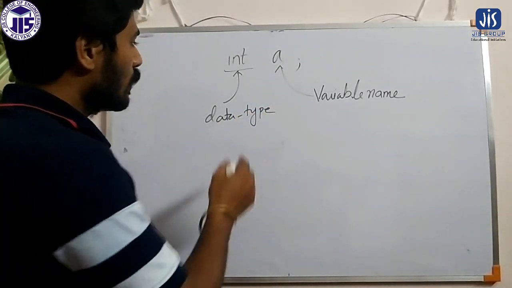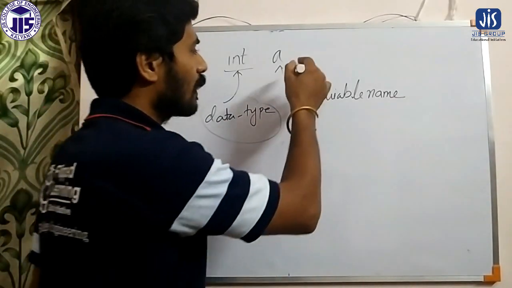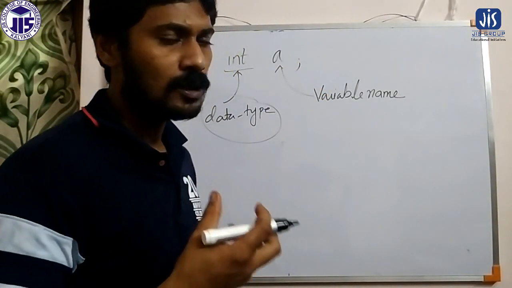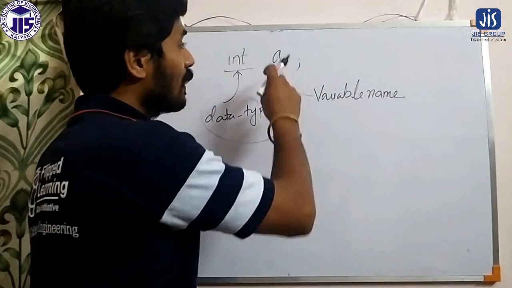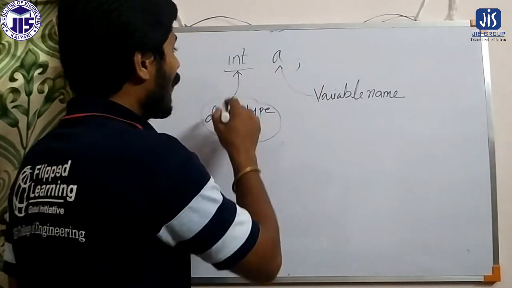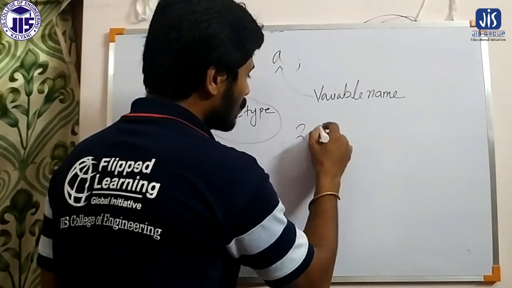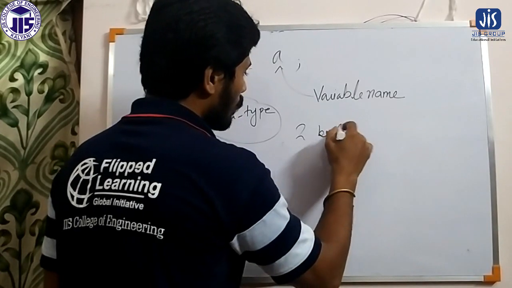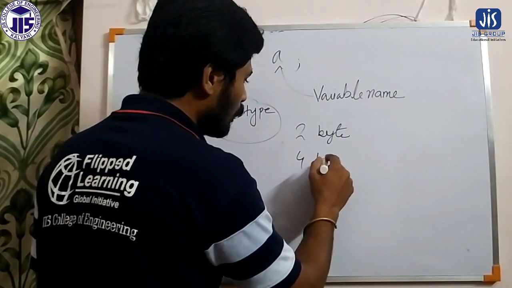Through data type, we can decide what kind of value this variable can store, and what is the amount of memory allocated for this particular variable. As it is integer, in case of a 32-bit compiler, it will be 2 bytes. And if it is a 64-bit compiler, in that case it may be 4 bytes.